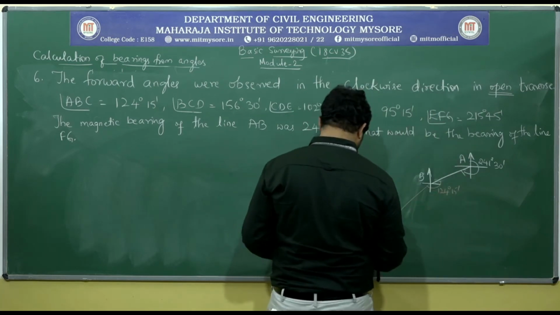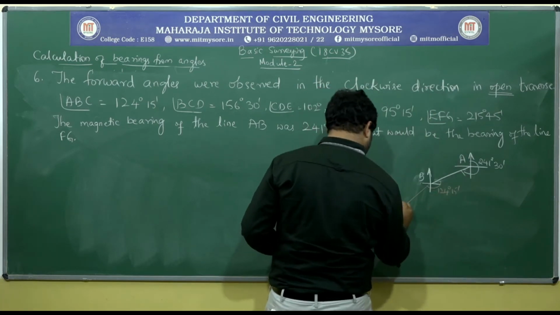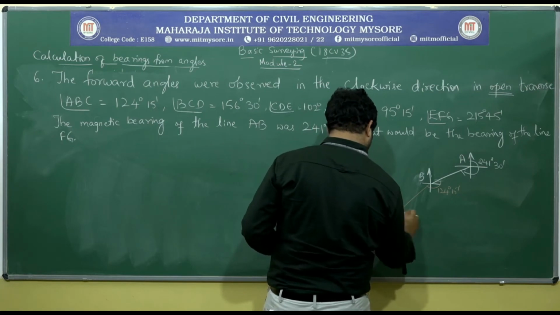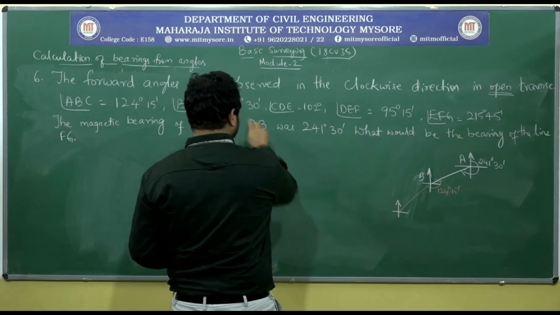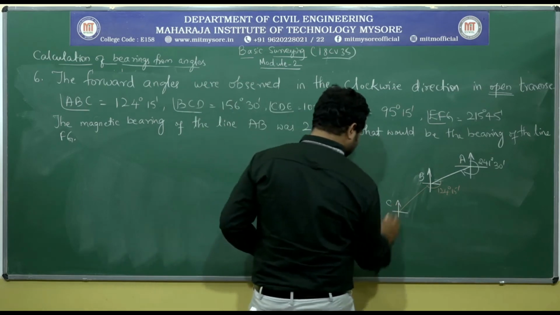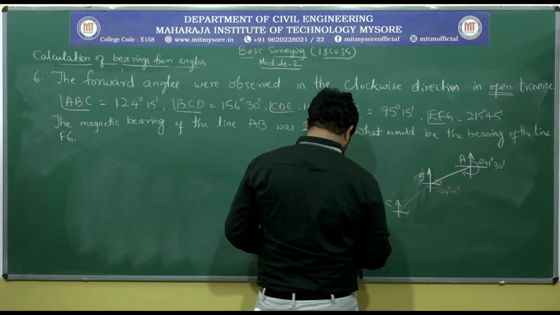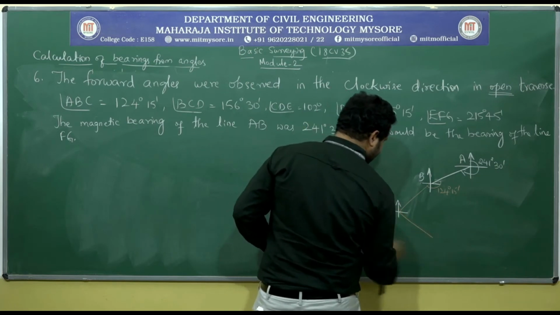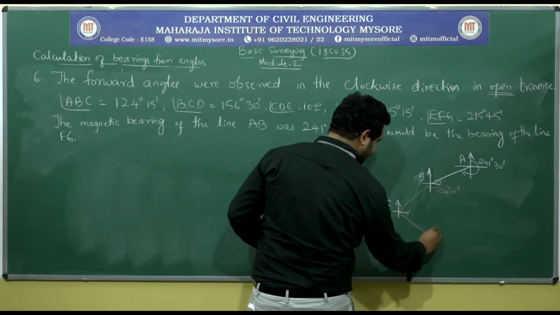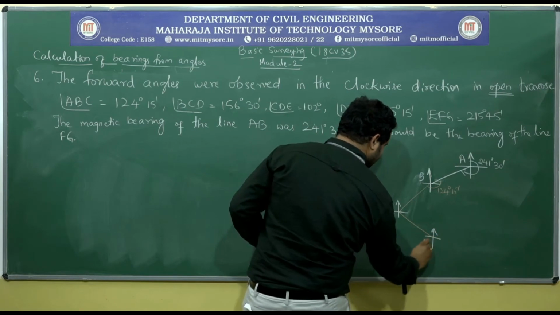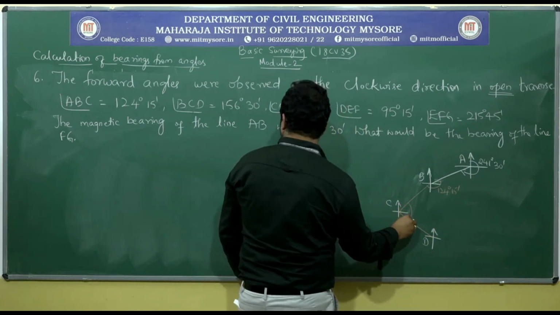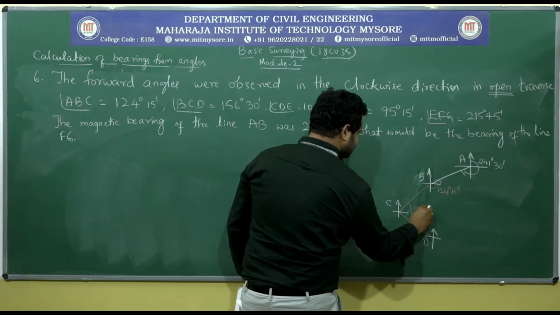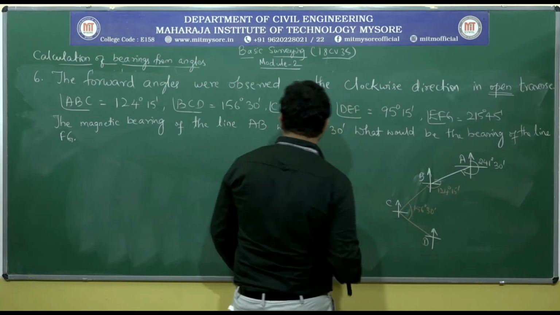Next there is one more point, station C, from where the angle given, BCD, is equal to 156 degree 30 minutes. Take this as reference. Your next point will be obtained in the second quadrant. This will be your station D, and angle C is 156 degree 30 minutes.